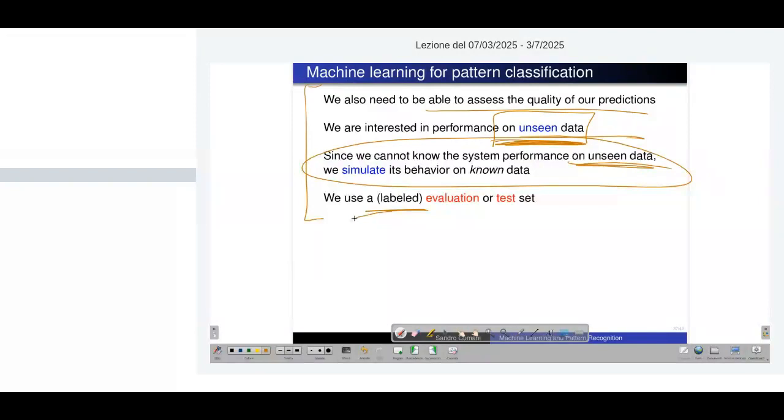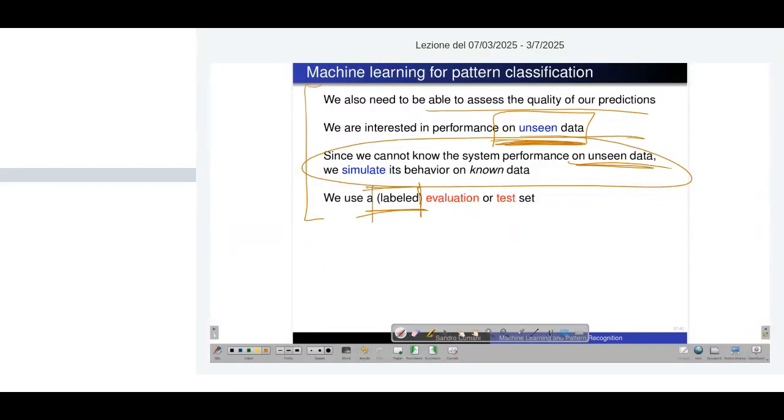We know the actual label of the samples in this dataset. This is in contrast with the real use of the classifier. We want to use the classifier on data for which we don't know the label, because if we knew the label, there would be no reason to use our classifier at all.